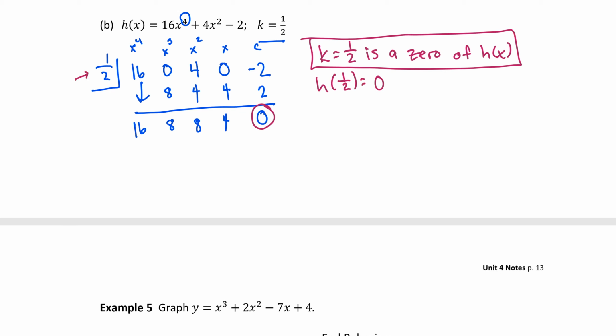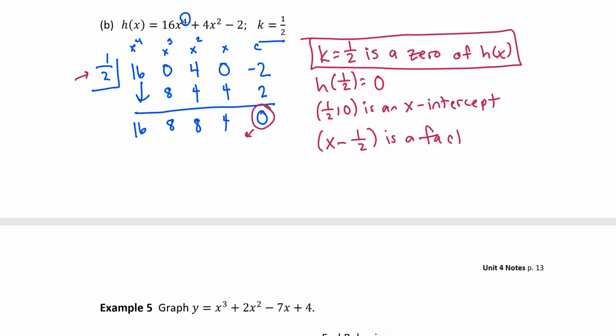Remember, this is your input, this is your output. We could also say that (1/2, 0) is an x-intercept of the graph. And finally, we could take it even further and say x minus 1/2 is a factor of h of x. So if I wanted to begin factoring it, I have found one of the factors.